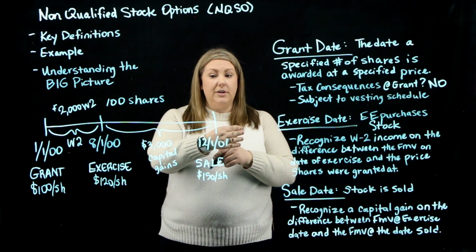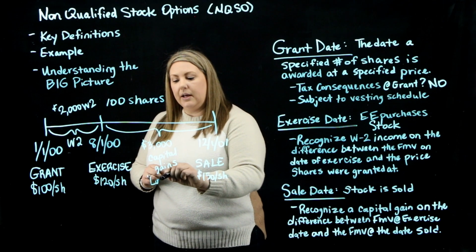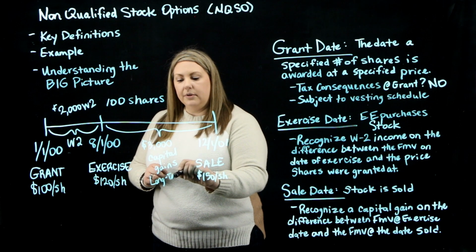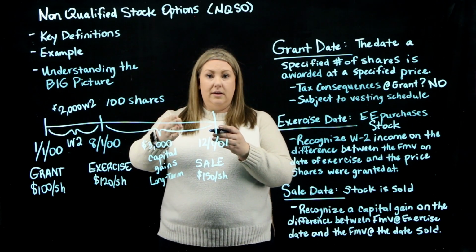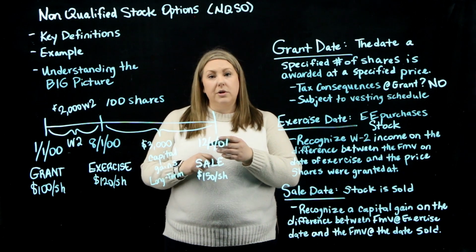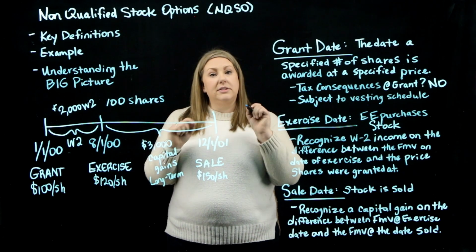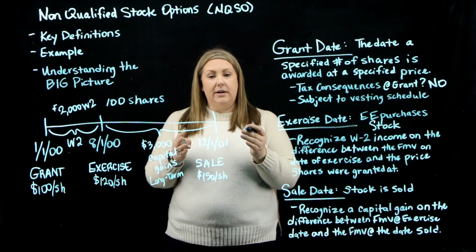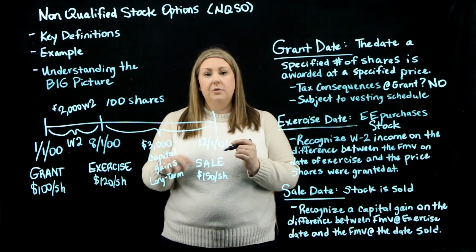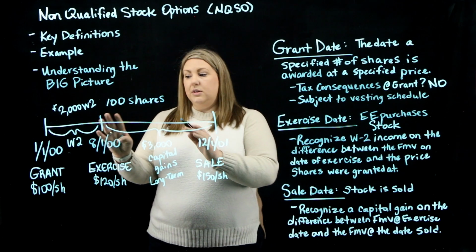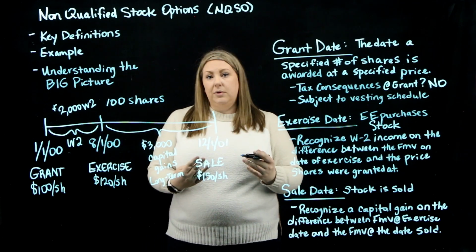We held it longer than a year, so this is going to be a long-term capital gain. If we had held it less than a year, then we would have had a short-term capital gain. And there's a difference in the income tax rate that you pay, whether for the short term or the long term. So these are all pieces that you need to be aware of.